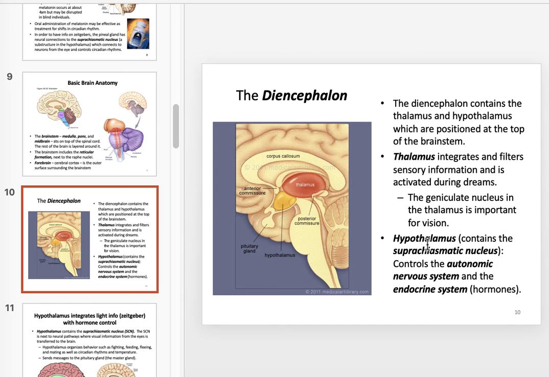Once again, the hypothalamus controls hormones. The technical term for that system in your body is the endocrine system, but it also controls the autonomic nervous system, all the stuff that just keeps you chugging along. And when I say it controls it, what I mean is the medulla is in charge of things like your heart rate and respiration, the motor control.